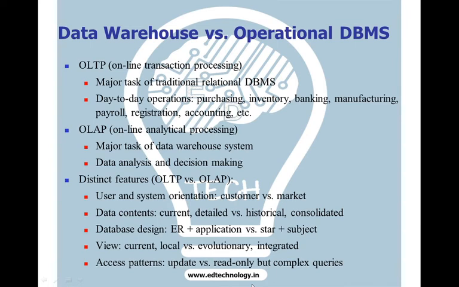In terms of design, it's ER based in OLTP, whereas we have schemas in OLAP. In further lectures, we'll talk about different schemas in OLAP also. Plus, when we talk about the view in OLTP, as we mentioned earlier, it's a local, current view, whereas in OLAP it is integrated.